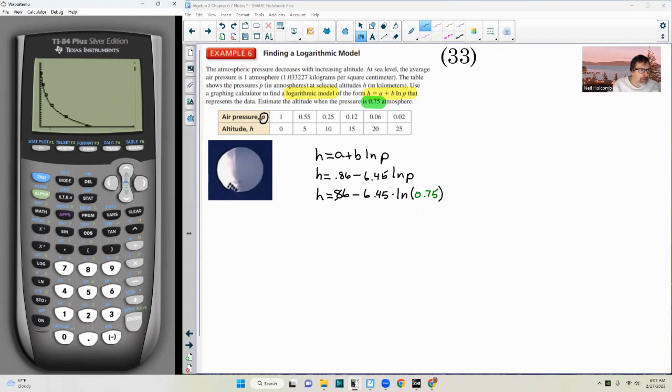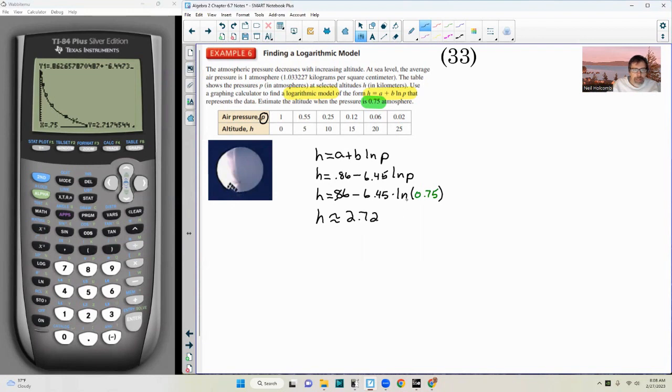So as altitude increases, pressure decreases, just like we're seeing. Now we can do an approximation and see what 0.75 is. So then I could hit second, calculate a value when X is 0.75. What is the function value? So it's 2.717.